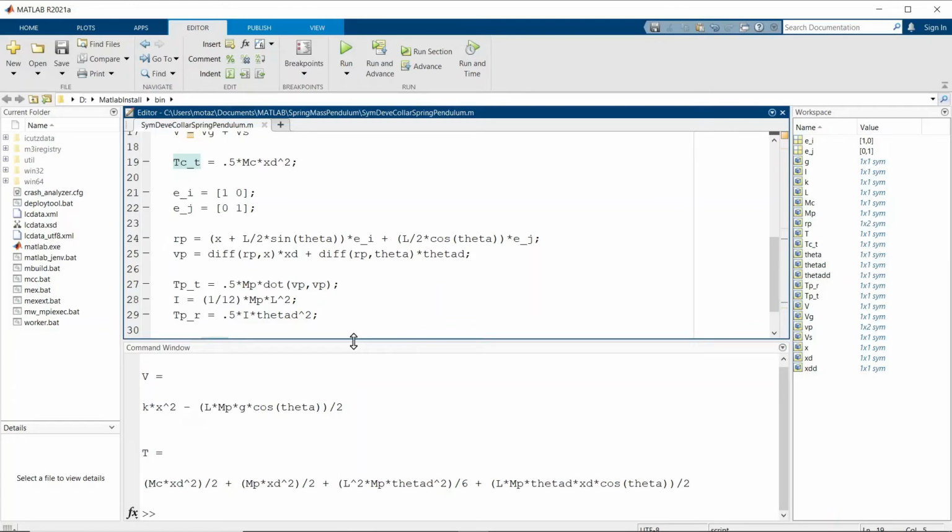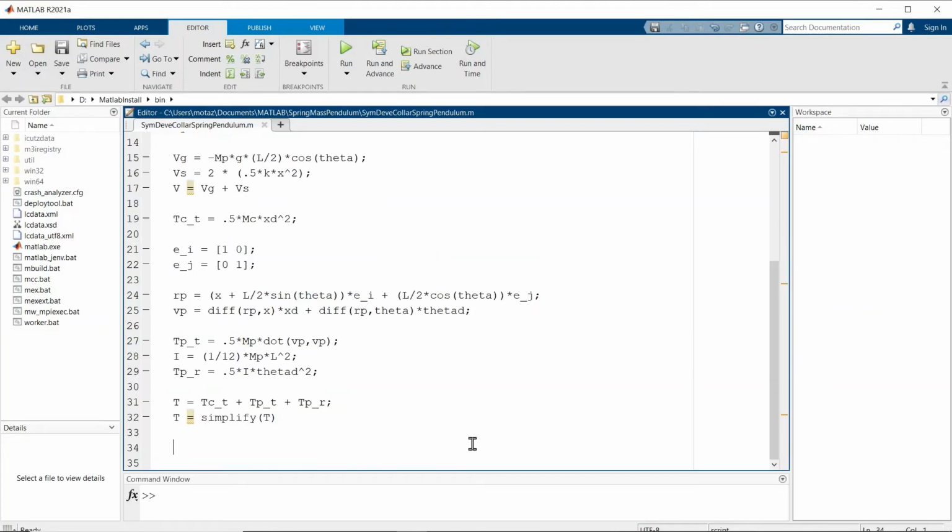Next, we will plug those into Lagrangian equations of motion. After finding the kinetic and potential energy terms symbolically, we are ready to derive Lagrangian equations of motion. So first we'll do it with respect to the first generalized coordinate, which is x.